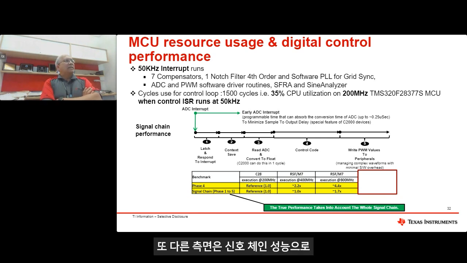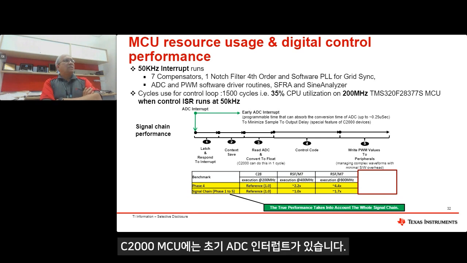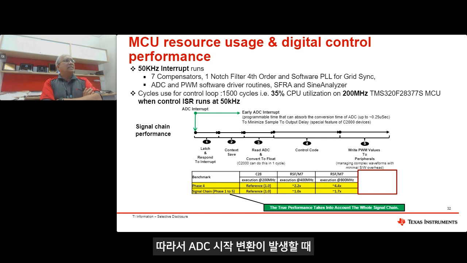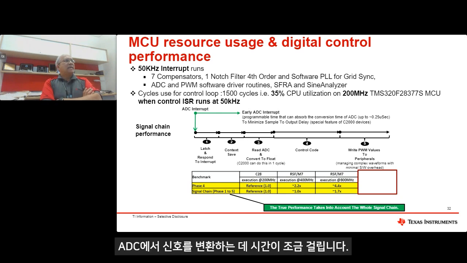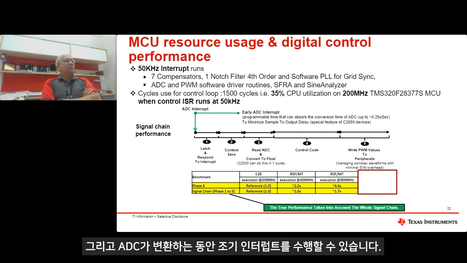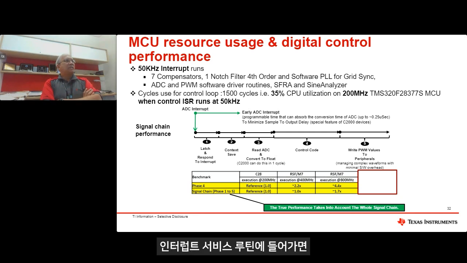The other aspect shown here is the signal chain performance. The C2000 MCU has the early ADC interrupt. When the ADC start of conversion happens, it takes some time for the ADC to convert the signals. And while the ADC is converting, you can take an early interrupt and get into the interrupt service routine, respond to the interrupt and do the context save.